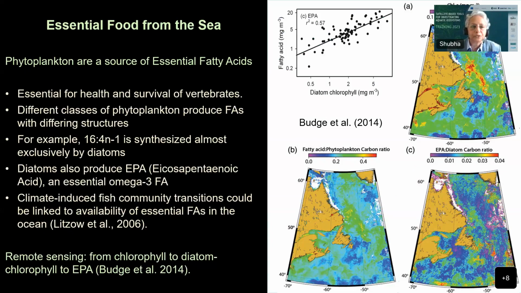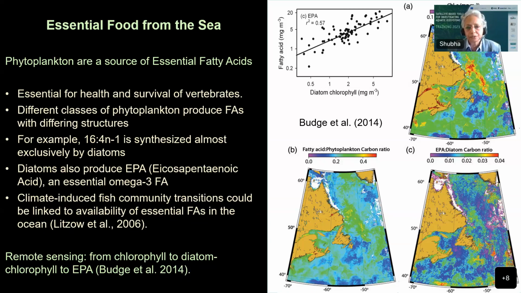Some are produced exclusively by diatoms. Diatoms also produce another one called EPA, which you may know more familiarly as an omega-3 fatty acid. Eggs are supposed to be rich in those omega-3 acids.